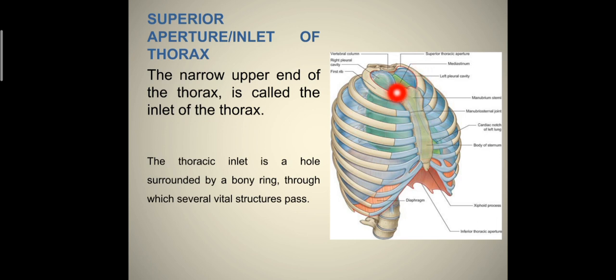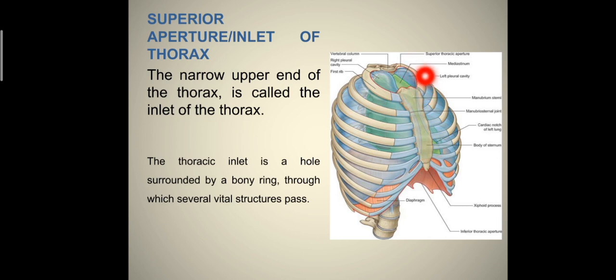Now the boundary of the thoracic inlet: anteriorly it is the superior border of the manubrium sterni. This one is the manubrium sterni, the body of the sternum, and the xiphoid process of the sternum. Posteriorly is the superior surface of the first thoracic vertebra, that is the T1 vertebra, and on both sides is the inner border of the first rib.